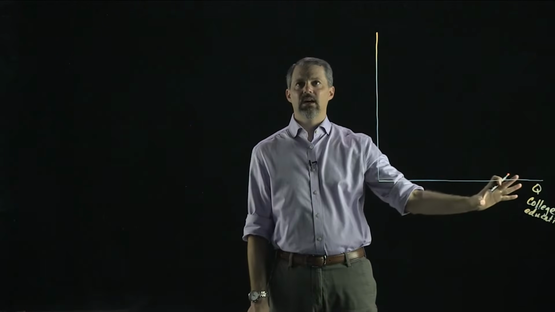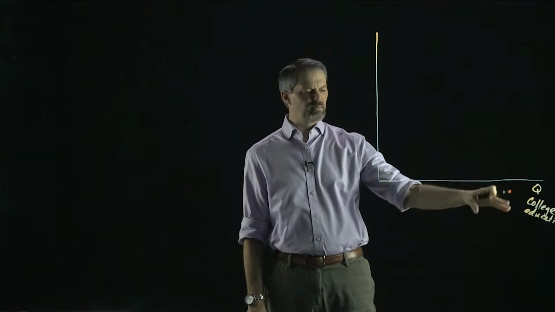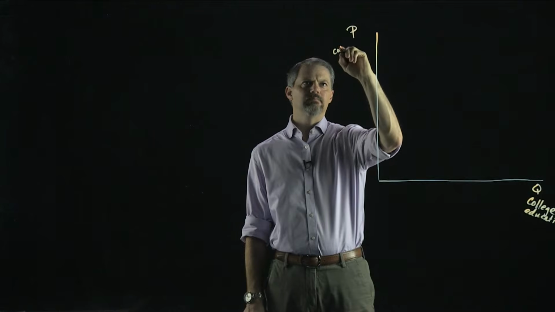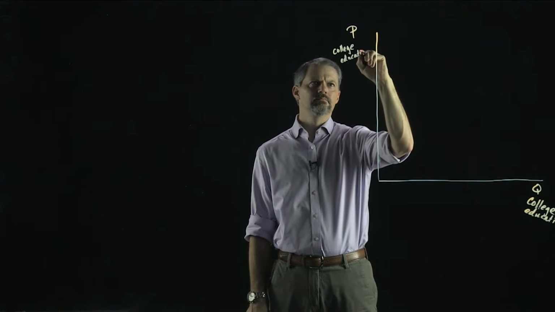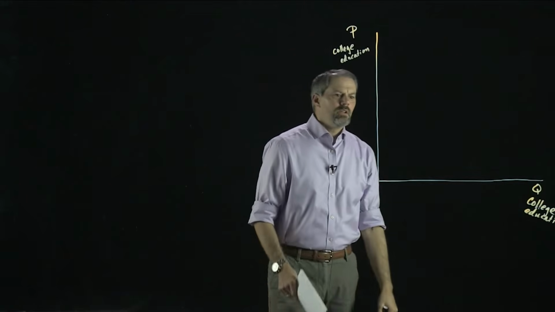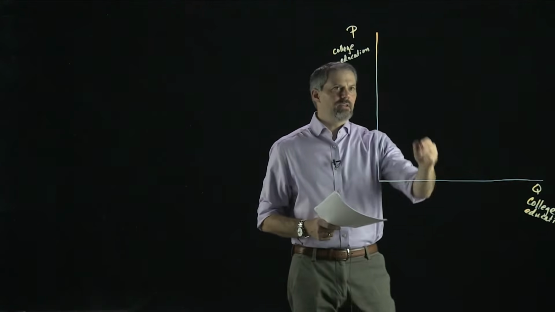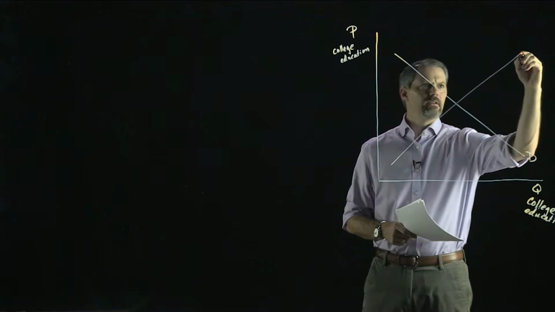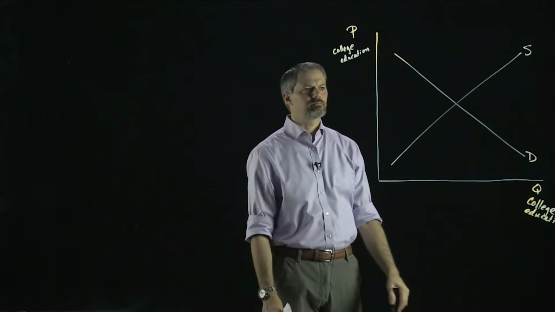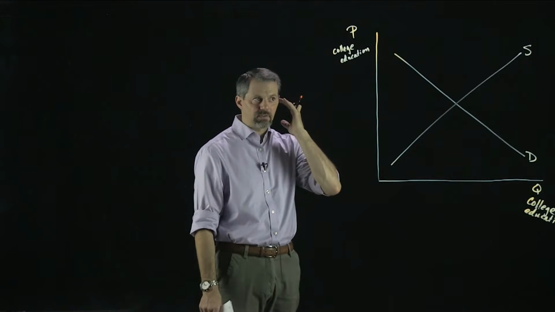We could even talk about it in terms of maybe scholarships, but let's just leave it as that. This will be the price of a college education. So let's put our demand curve up here and our supply curve, market demand, market supply.